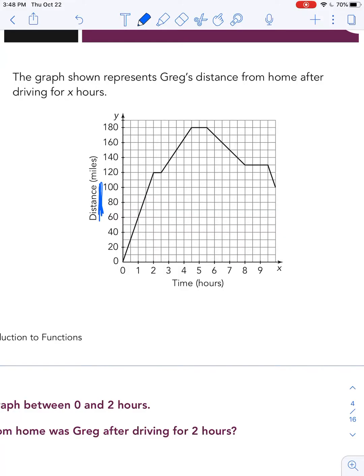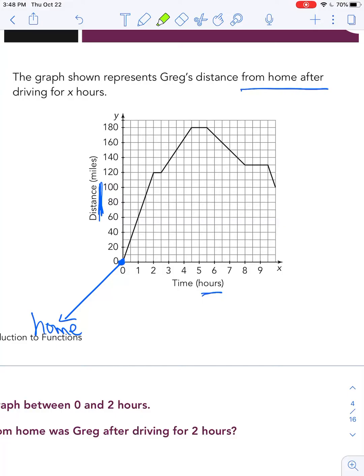But this one has to do with from home. Okay? So right here at this point right here at the origin, that's home. So it's talking about how far Greg is away from his home. And then this is how many hours it's been.